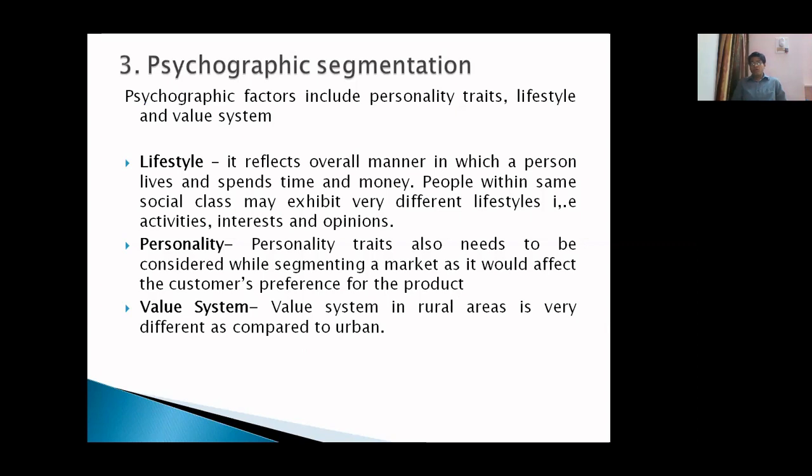They may be involved in different activities, interests, and opinions. So on the basis of lifestyle, people could be segmented on the basis of their activities, what they do, interests, what they have, and opinion, what they have towards a product or a category of product or towards a company or any personality.